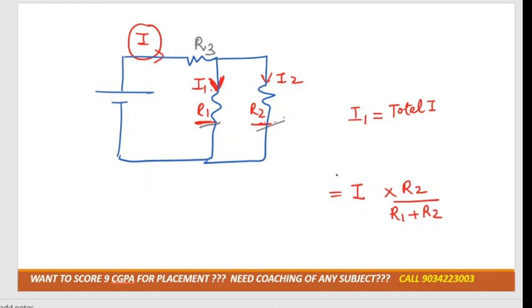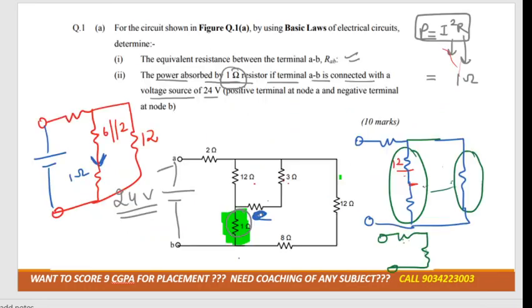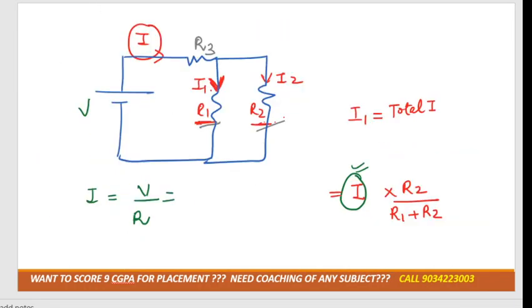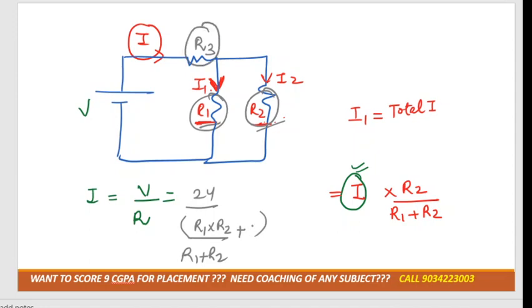Now if they have given the current value, then it is good. If they don't give the current value, then we need to calculate current. Total current is how much? Total voltage divided by total resistance, right? Voltage they must have mentioned, in this case also they have mentioned it, 24 volt. And total resistance we can calculate: R1 and R2 are in parallel, so R1 into R2 divided by R1 plus R2, then it is combined in series with R3.